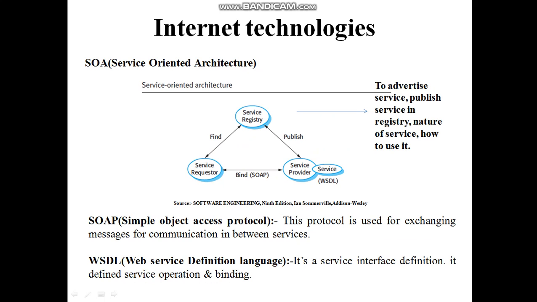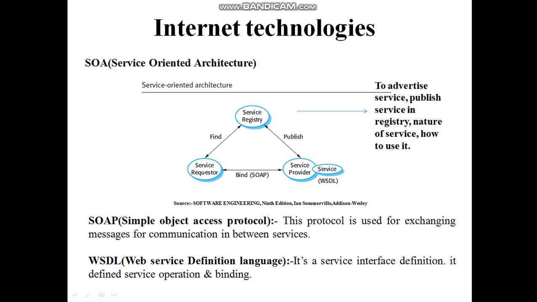The service registry advertises the service; the service is published in the registry, along with the nature of the service and how to use it. There is one protocol, SOAP, which is used between the service requester and service provider.